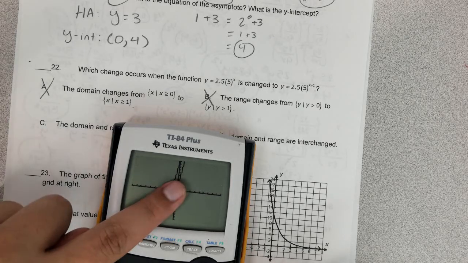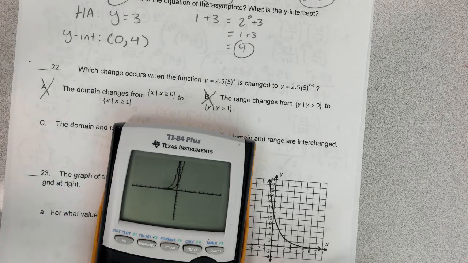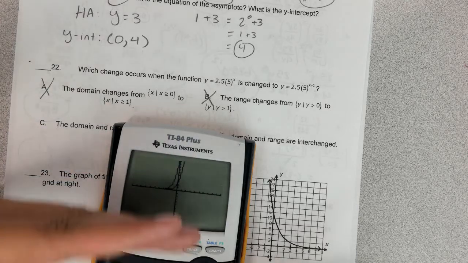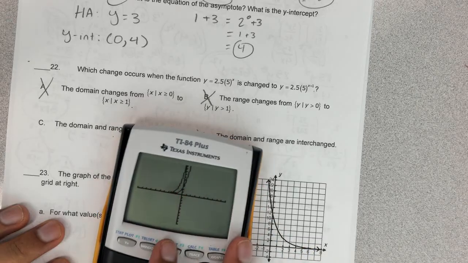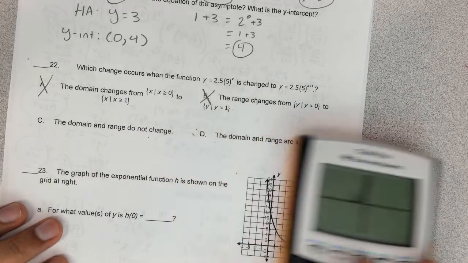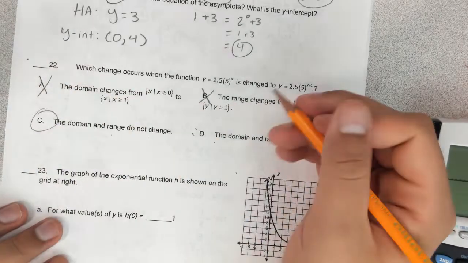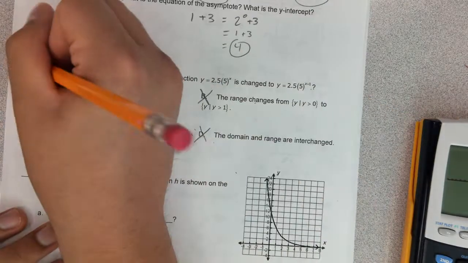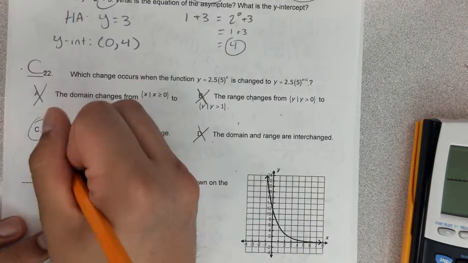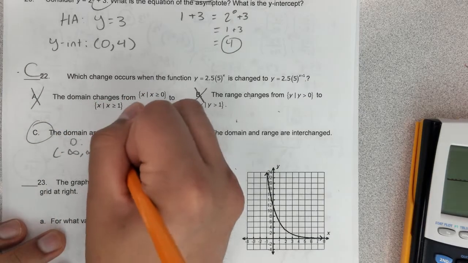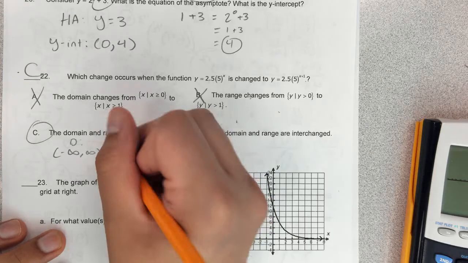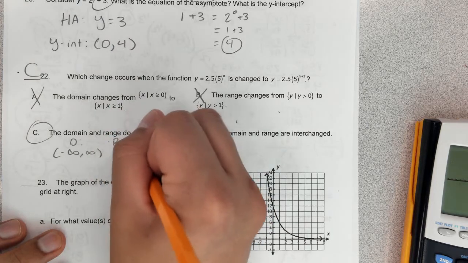Right, the graph did shift left 1, but that doesn't affect the range. It didn't go up or down. So here the domain and range for both of those equations is actually still the same. Nothing changed. Right, they both still have domain of negative infinity to infinity, and range is still, for this case, 0 to infinity.